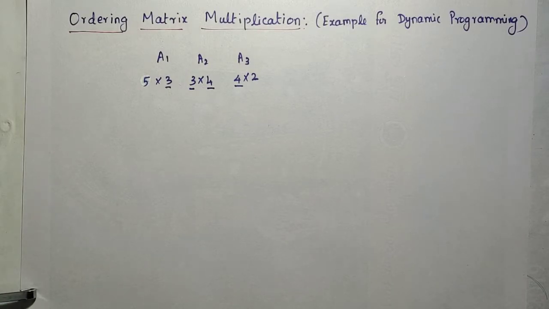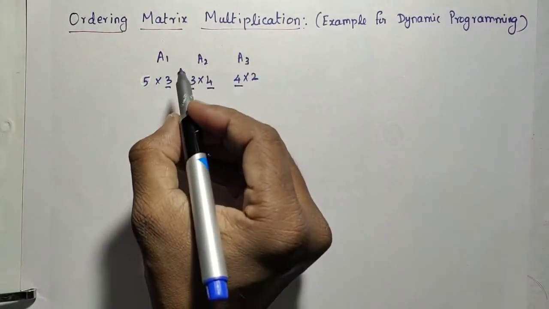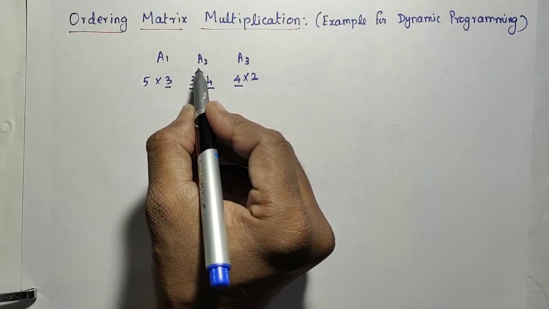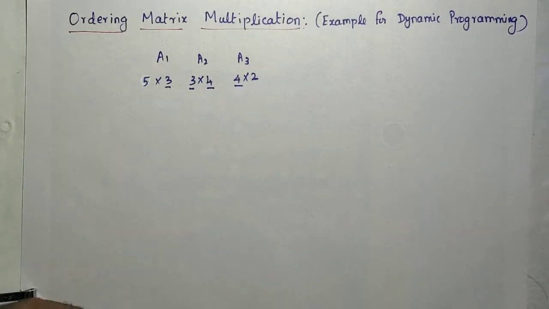So here, for multiplying two matrices, how many multiplications do we need? What is the complexity of simple matrix multiplication?